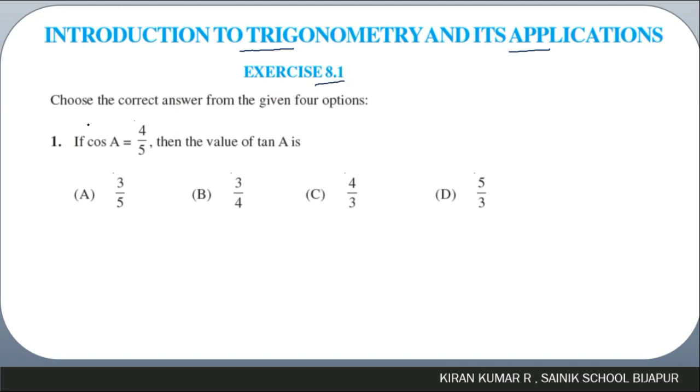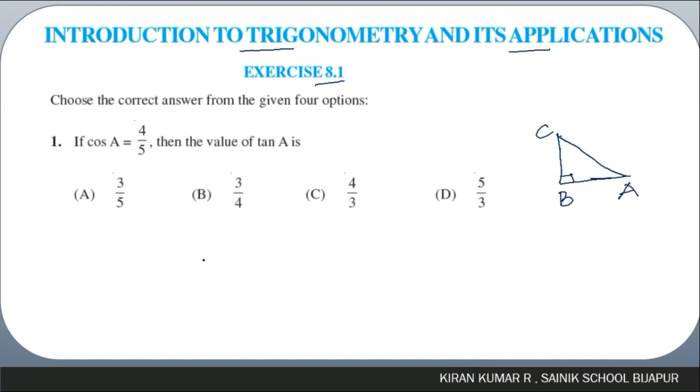The first type of questions are related to objective type. The first question is, if cos A equal to 4 by 5, then find the value of tan A. Let me draw a right angle triangle and define cos of angle A. Let me consider this as a right angle triangle, right angled at say B. We have cos A equal to 4 by 5.